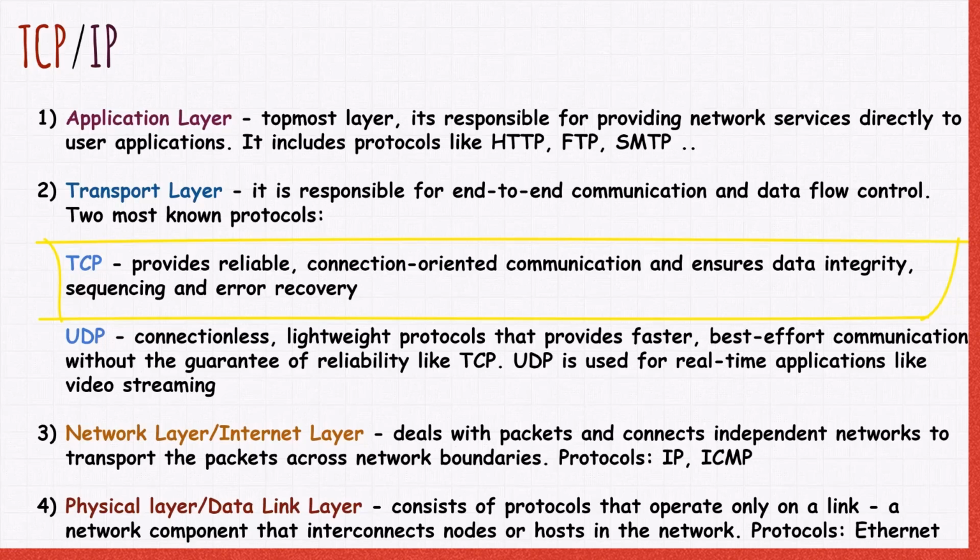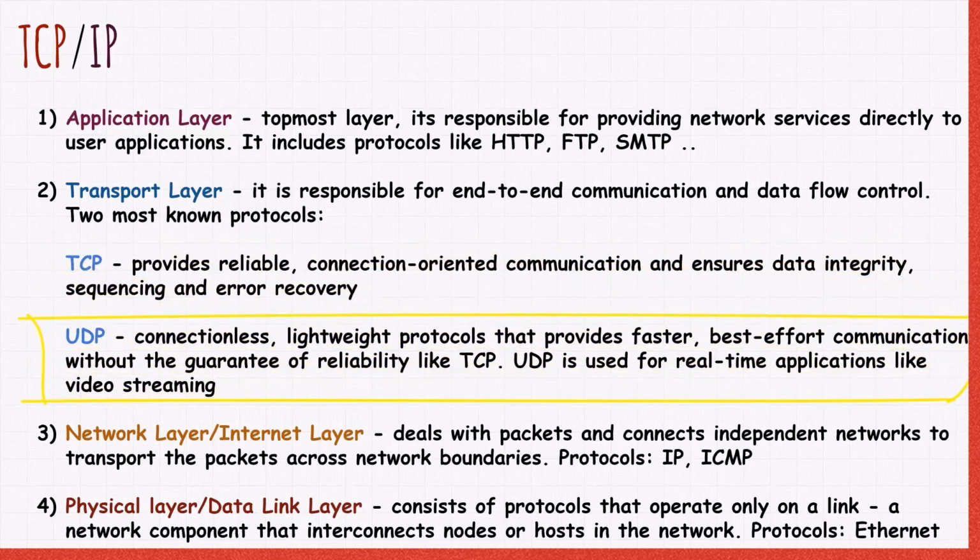It's used for applications that require data to be delivered accurately and in the correct order, such as, for example, web browsing and email. And we also got User Datagram Protocol, or UDP, which is a connectionless, lightweight protocol. It provides faster, best effort communication without the guarantee of reliability provided by TCP. Now, UDP is often used for real-time applications like video streaming and online gaming.